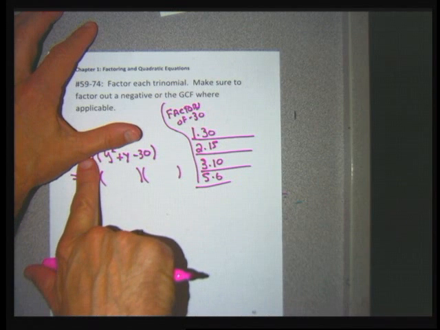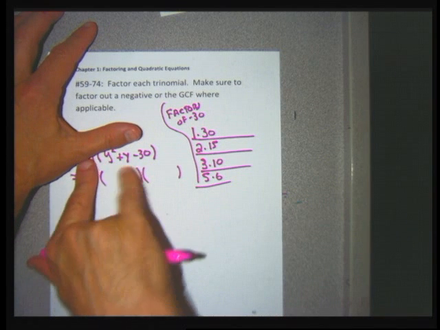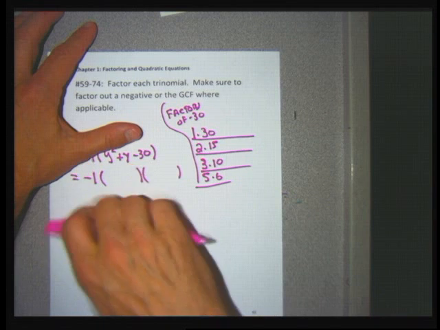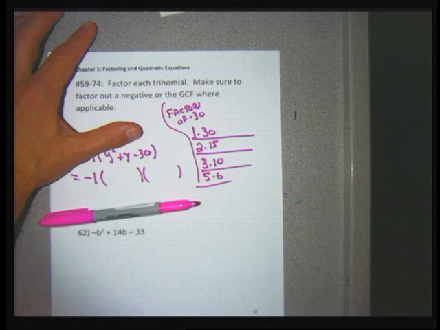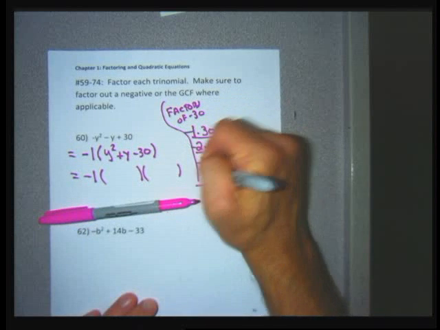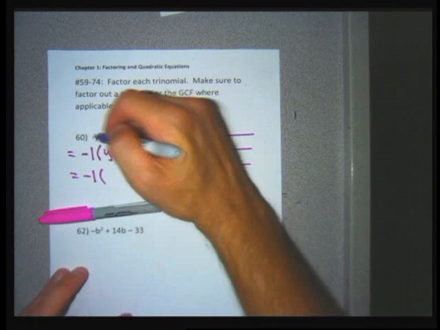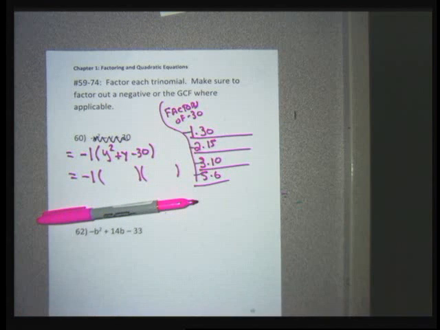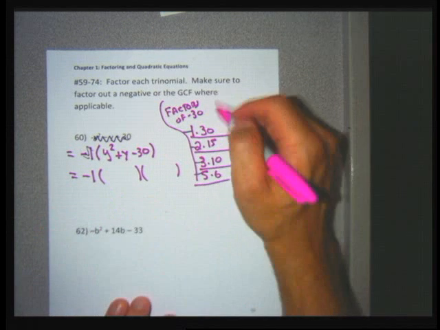Trying to factor y squared plus y minus 30, I'm trying to get a positive y, and in order to get a positive y, the bigger number needs to be positive, the smaller number needs to be negative. So again, I'm not looking at that anymore, and I'm not looking at that either. I'm just looking at y squared plus y minus 30 and trying to break it down to 2 parentheses.